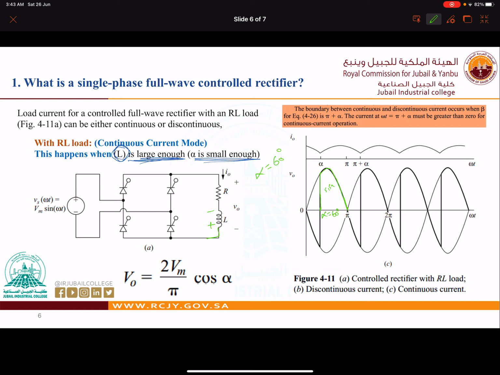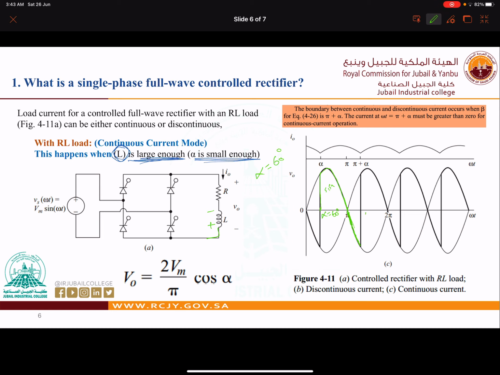That's why we will have a negative ripple. But now the inductance is very large, right? It's large and it will discharge a huge amount of current, and we will have a voltage up to this point. Now, can you see this point, ya shabab? It is the same point of the next alpha.